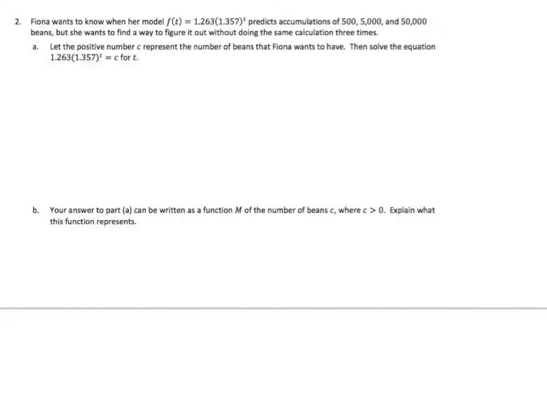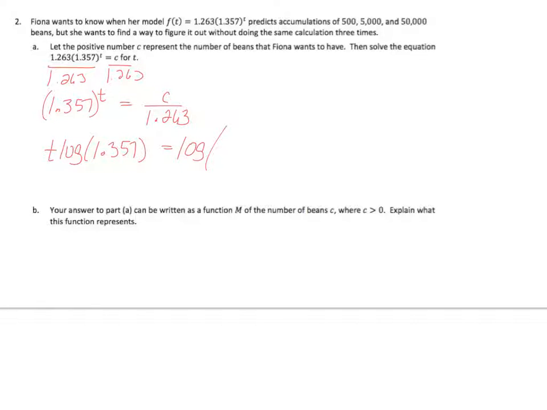So I've got to solve this equation for T. First I'm going to divide both sides by 1.263. And I have 1.357 to the T equals C over 1.263. Following me so far? Now I'm going to take the log of both sides. So T log of 1.357 equals log of C over 1.263.